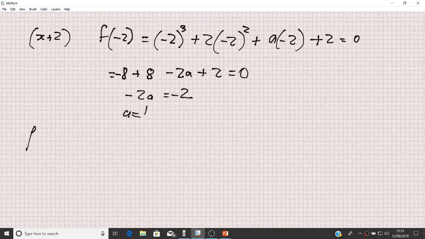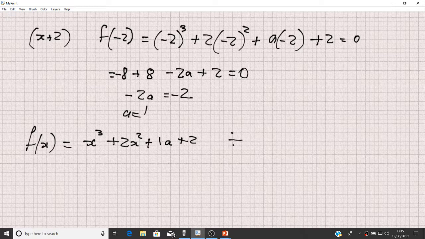So our function first, f of x, equals x cubed plus 2x squared plus 1x plus 2. And we want to find the remainder when it's divided by 2x minus 1.